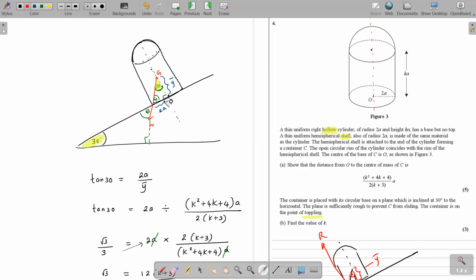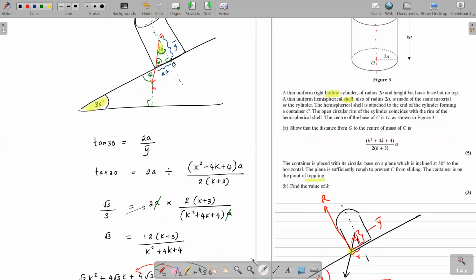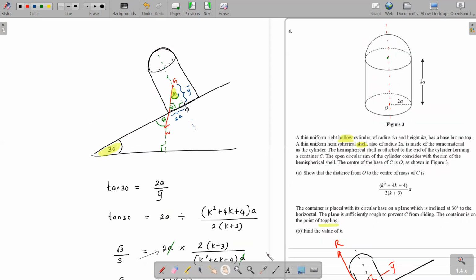So tan 30 is opposite over adjacent. Opposite is 2a, adjacent is y bar, and we found the y bar value here. So tan 30 equals 2a divided by y bar. You can write it downwards, that's up to you; this is just simplification. The most important thing here is to get this diagram and write this expression: tan 30 is opposite over adjacent, that's 2a over y bar. That's it.